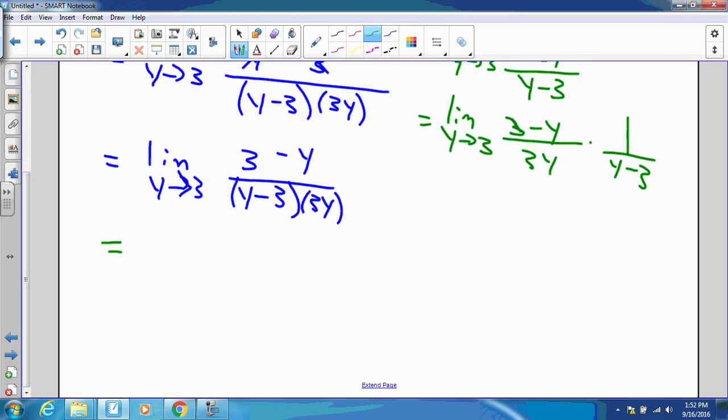Okay. So having done this now, I observe that I am guaranteed a common factor of y minus 3 because my form was 0 over 0. So I've obviously got a factor of y minus 3 here, but what about at the top?